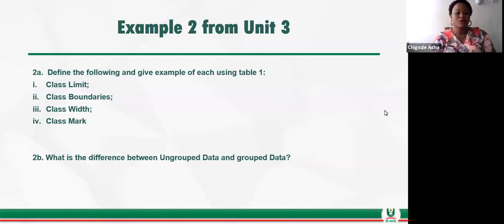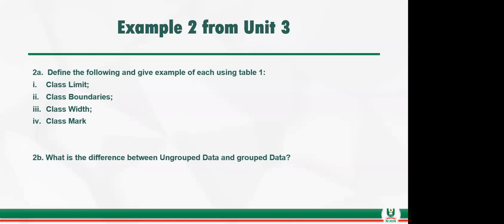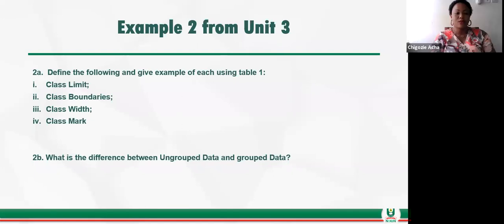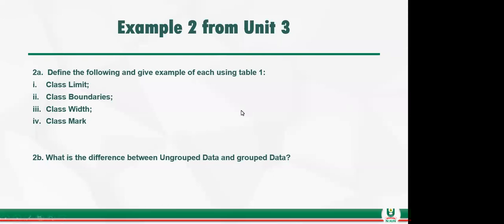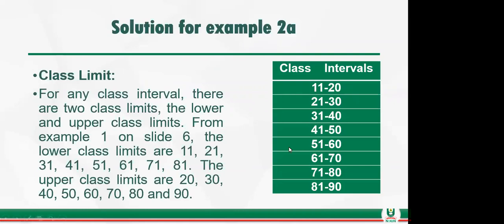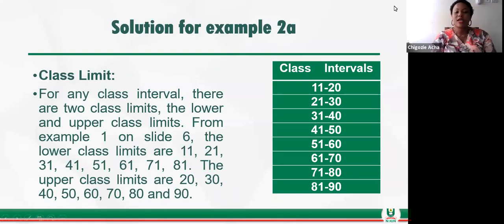Okay, without wasting much of your time, let's look at what is class limits. We'll still use that example I gave you. I use that to illustrate, okay? Good. So look at what I have on the slide. For any class interval, there are two class limits, the lower and the upper class limit.